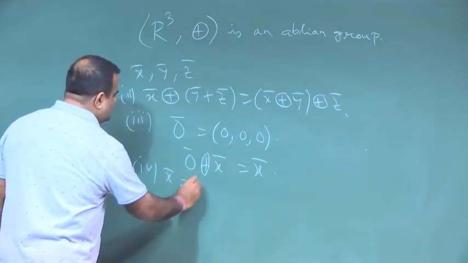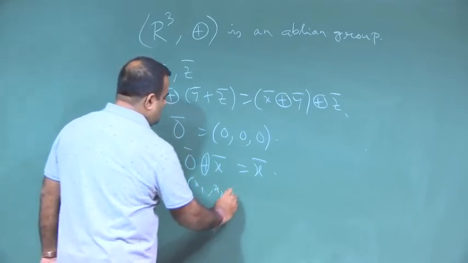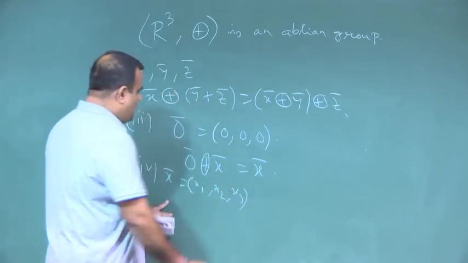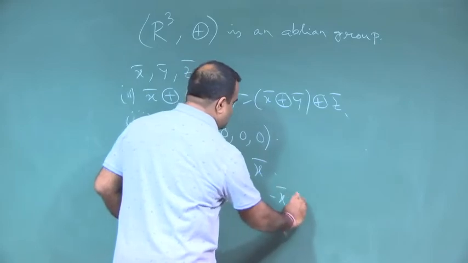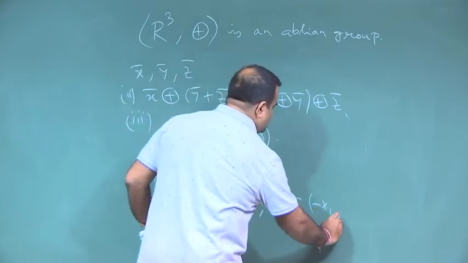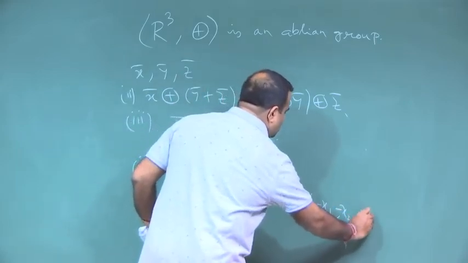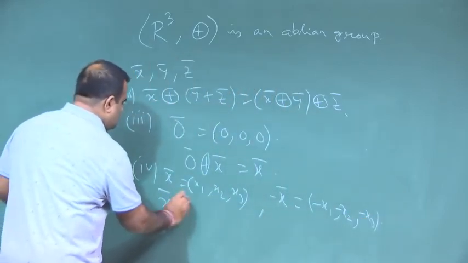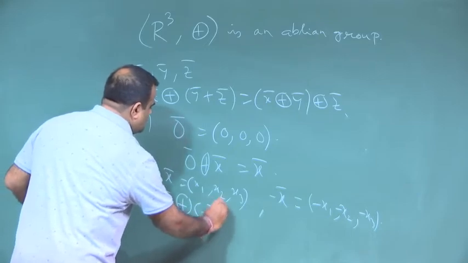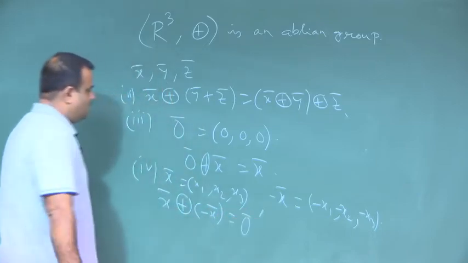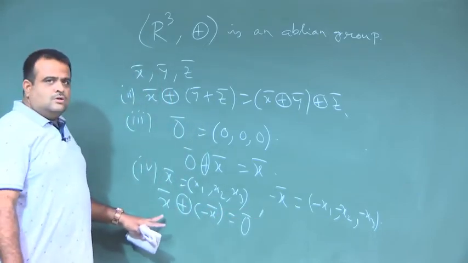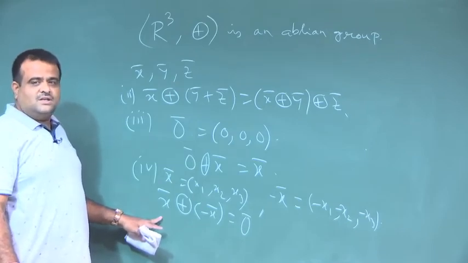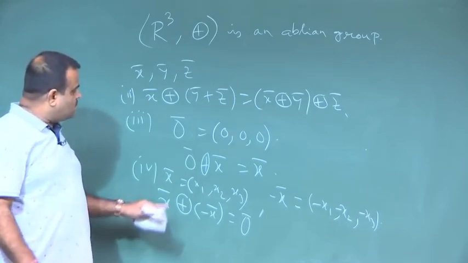If you take x, x1, x2, x3, then we can have minus x, which is basically minus x1, minus x2, minus x3, such that if we operate these two, this will give us the 0 vector. So, this is the existence of inverse for each element.